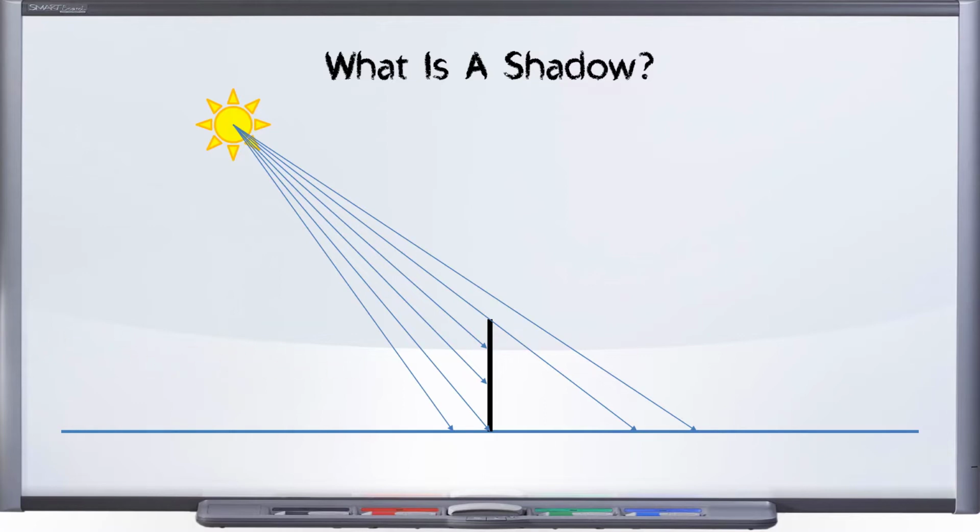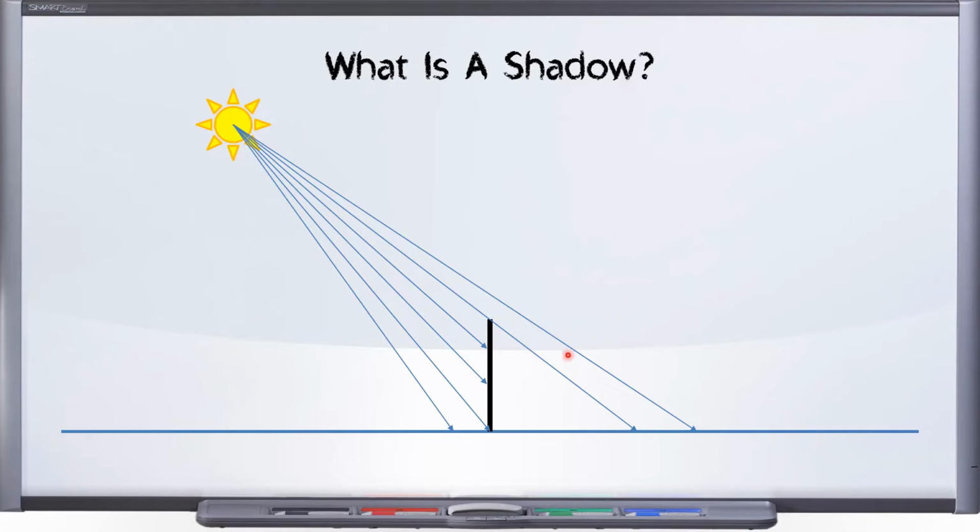I didn't draw the beams over here, but there's beams over here too. We don't need those. What I'm showing is that some of the beams make it all the way to the floor, but some of the beams are interrupted by the stick, right? Where they are interrupted, they cannot make it down to the floor. So this beam makes it all the way down to the floor, and this beam makes it all the way down to the floor. But this one is blocked by the stick.